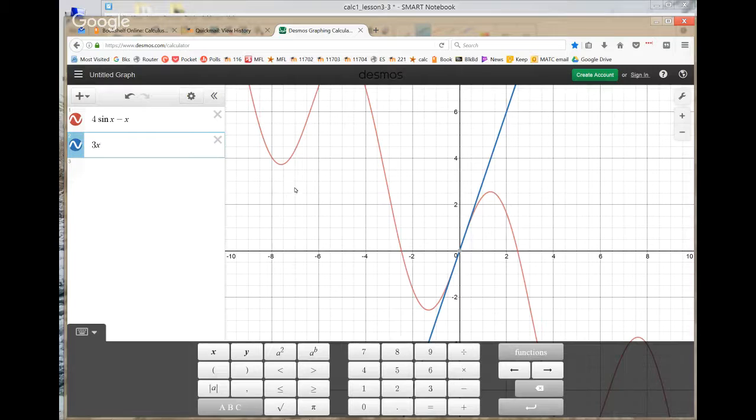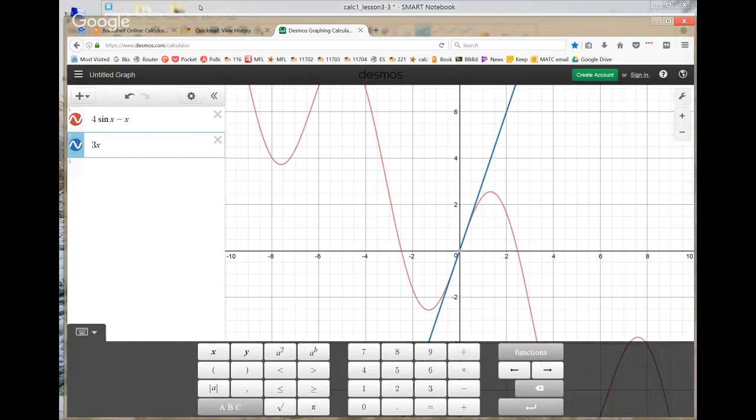If you look, it's above the red graph up here, but it's below the red graph down below. So actually, it's a tangent line that crosses, but at 0, 0, it's tangent. Sometimes that can make people a little bit confused and upset. Okay, so we've confirmed that one.